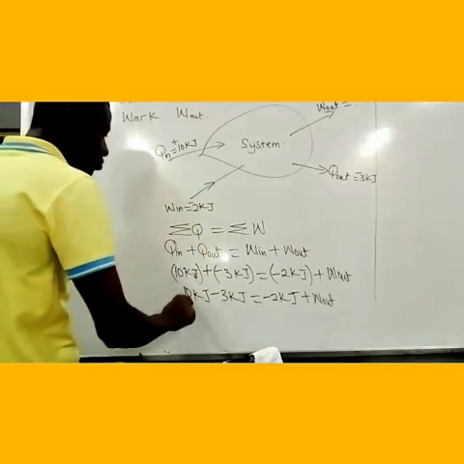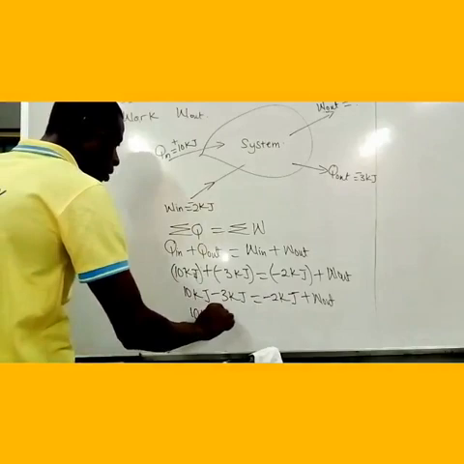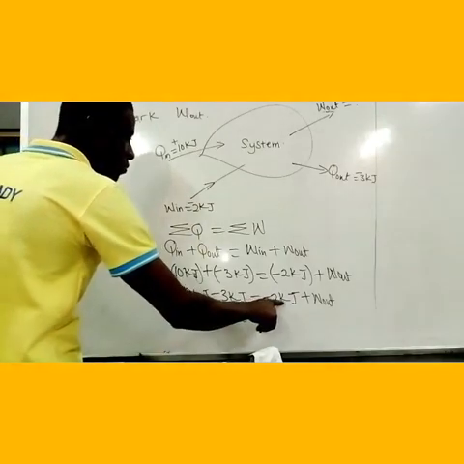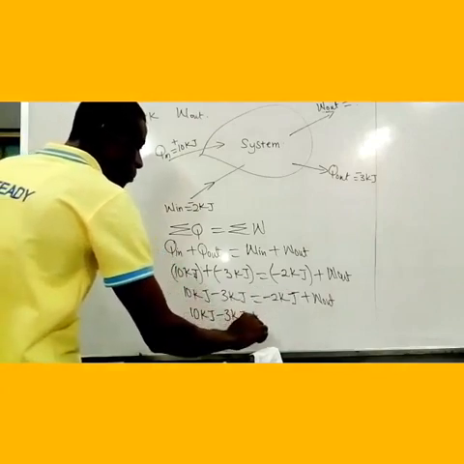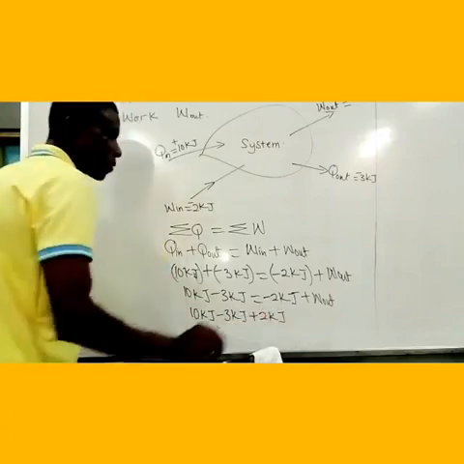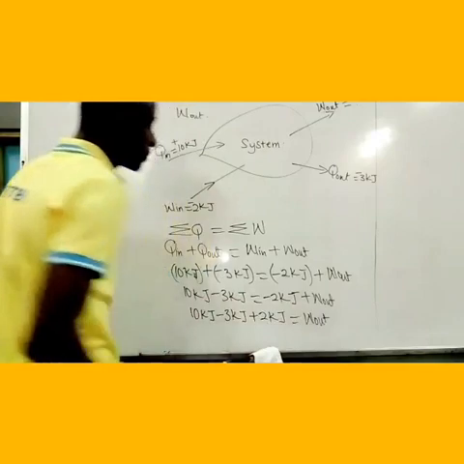So we have 10 kilojoules minus 3 kilojoules, and the negative 2 kilojoules comes over to become positive 2 kilojoules, equal to work out.